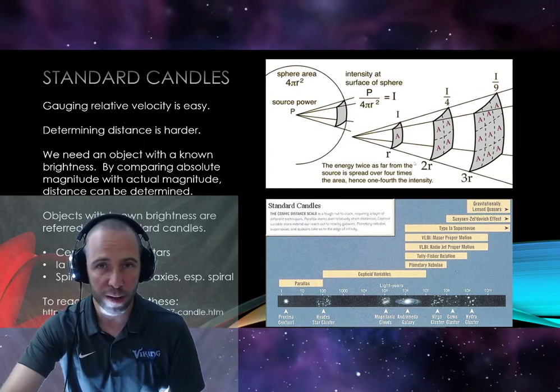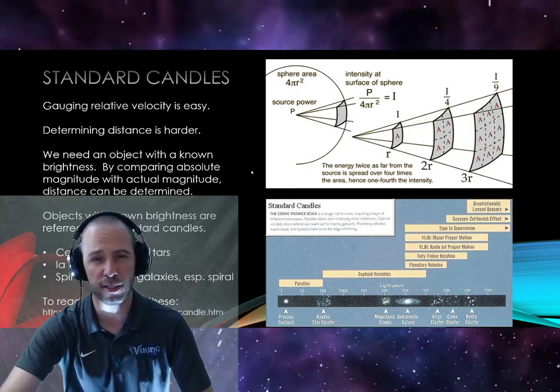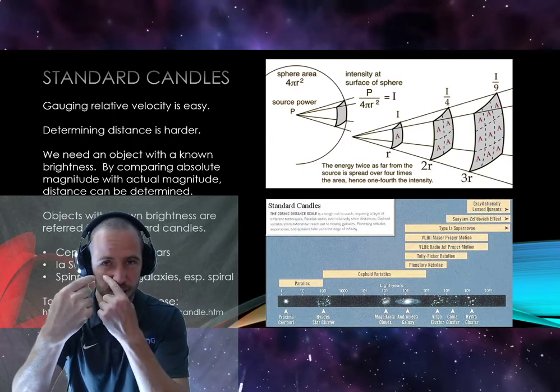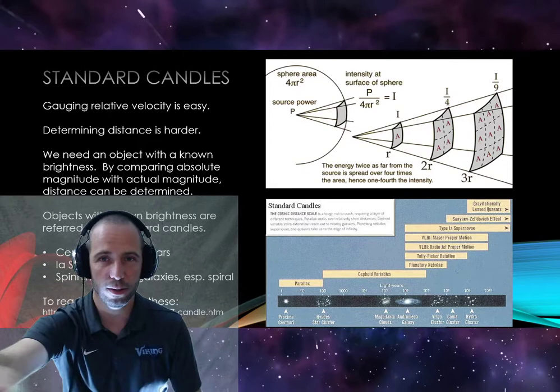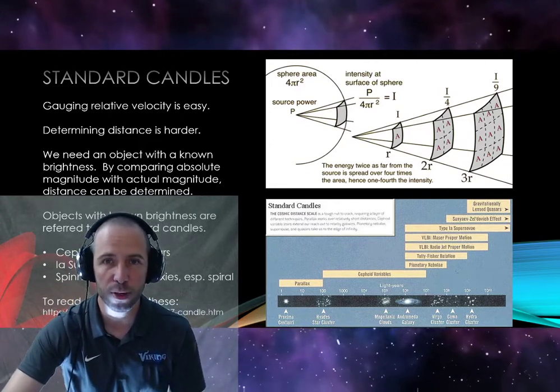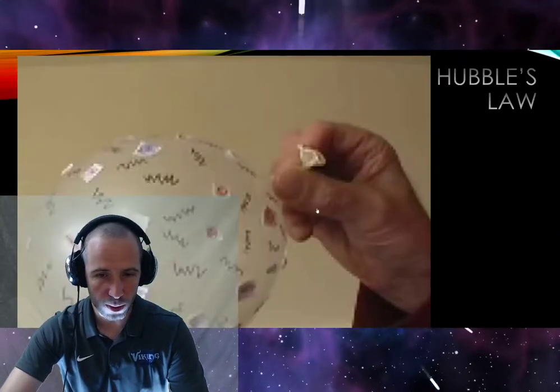This is our main way of understanding distances across outer space. Hopefully that idea makes sense to you. Take a flashlight: if it's this bright here, it'll only be a quarter as bright here, and so forth. You can do that math progression. As the object looks dimmer, you know that it's farther away, assuming you knew what the brightness was to start with. All right, so with that, let's keep going.